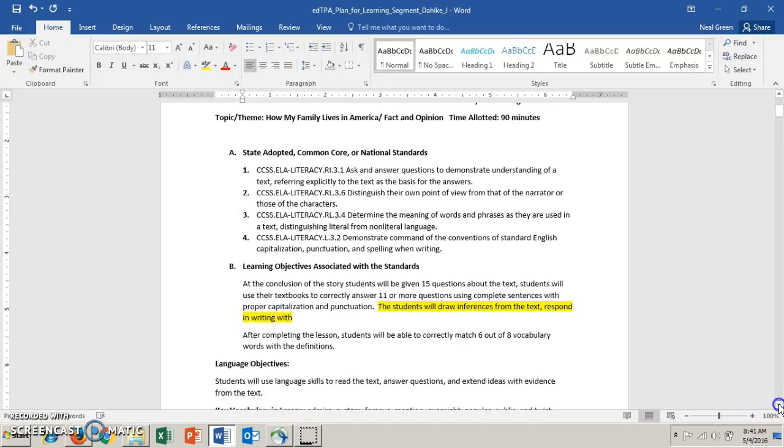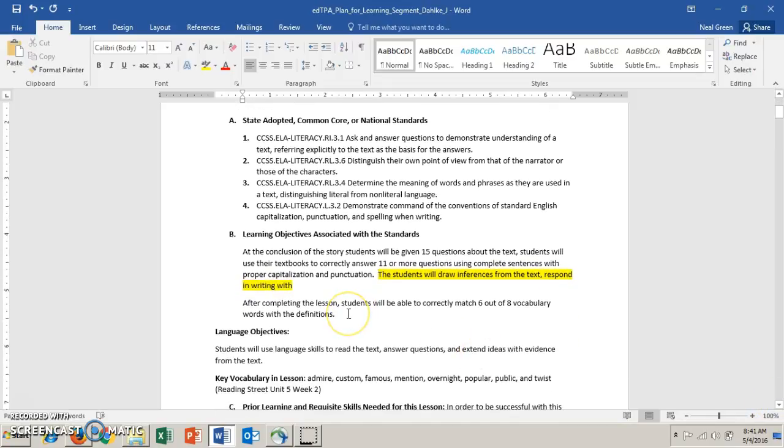How about, the students will be able to identify 6 out of 8 vocabulary words related to fact and opinion upon completion of the lesson, or something like that. But you just want to work on that. You've got to tighten those up. Google lesson objectives, writing objectives, and that should help you.